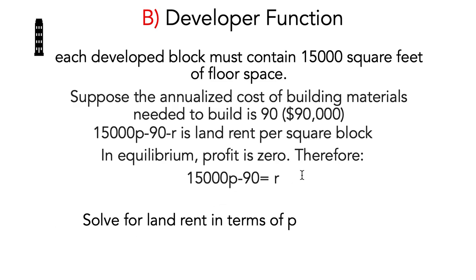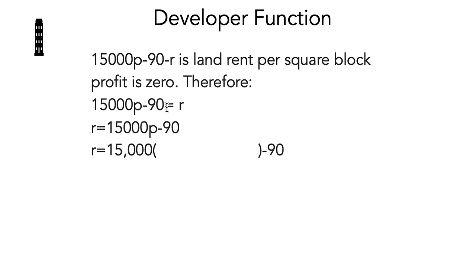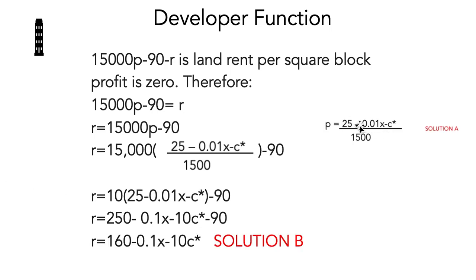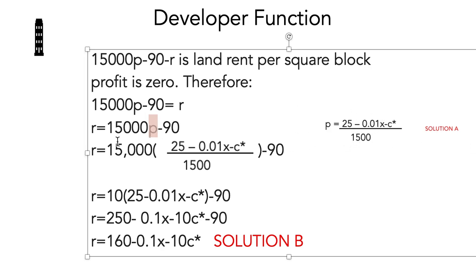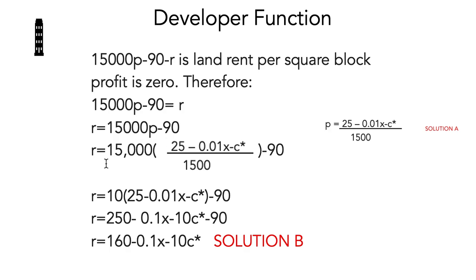So basically, this is the equilibrium condition, that the rent obtained from these square feet is equal to 15,000 P minus 90. Now, we already know that P from solution A was 25 minus 0.01x minus C star divided by 1,500. So we plug this in instead of the P. And when we do that, we can realize that 15,000 divided by 1,500 is equal to 10.